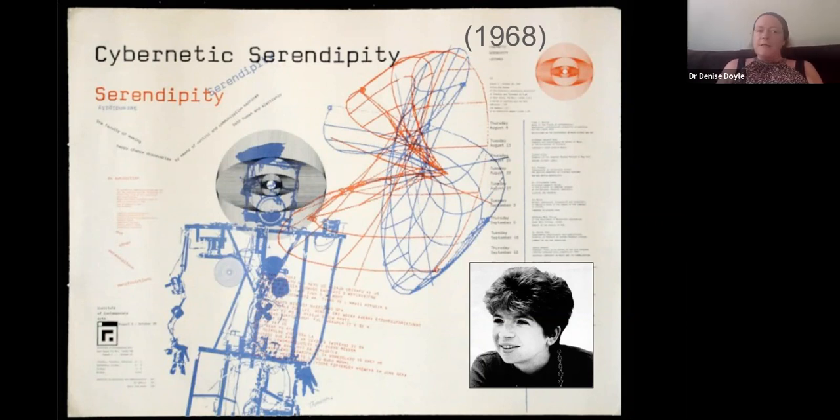It was entitled Cybernetic Serendipity, and it was curated by Jasia Reichardt, who you can see in the bottom right-hand side. This is the exhibition catalogue as well. And interestingly, Jasia is still living and working on similar projects even today, which is pretty amazing.